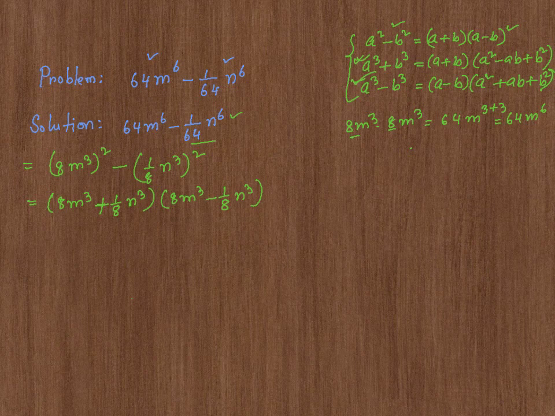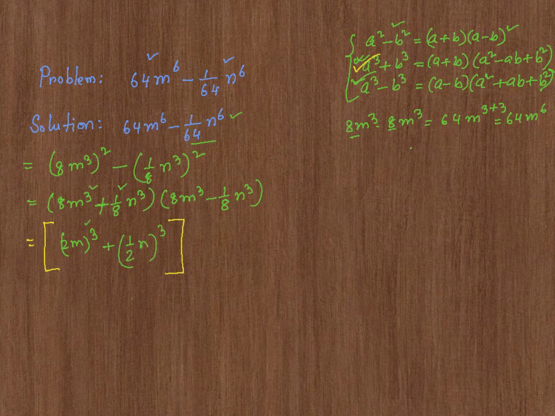So the sum of cubes formula, which is this one. So let's use a square bracket to separate things here. 8m cube, I can write as 2m whole cube, plus 1 over 2n whole cube. 1 over 2n whole cube is 1 over 8n cube. 2m whole cube is 8m cube.